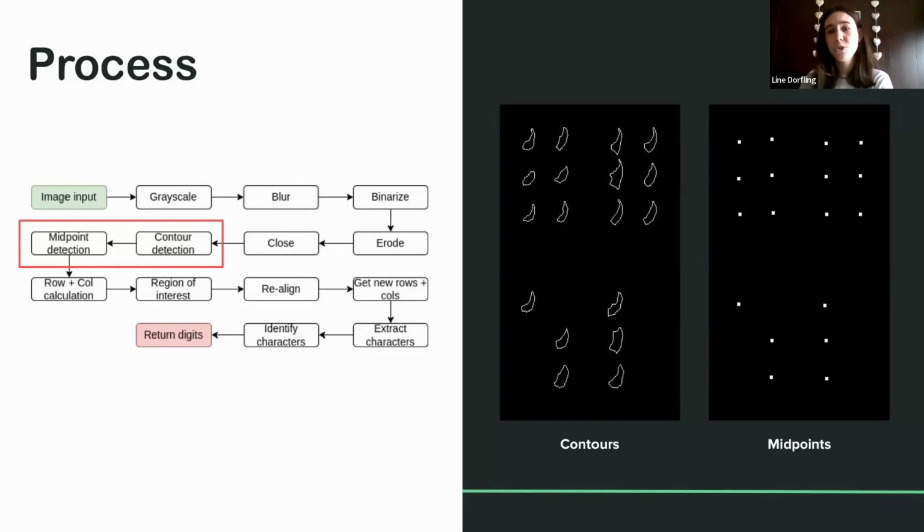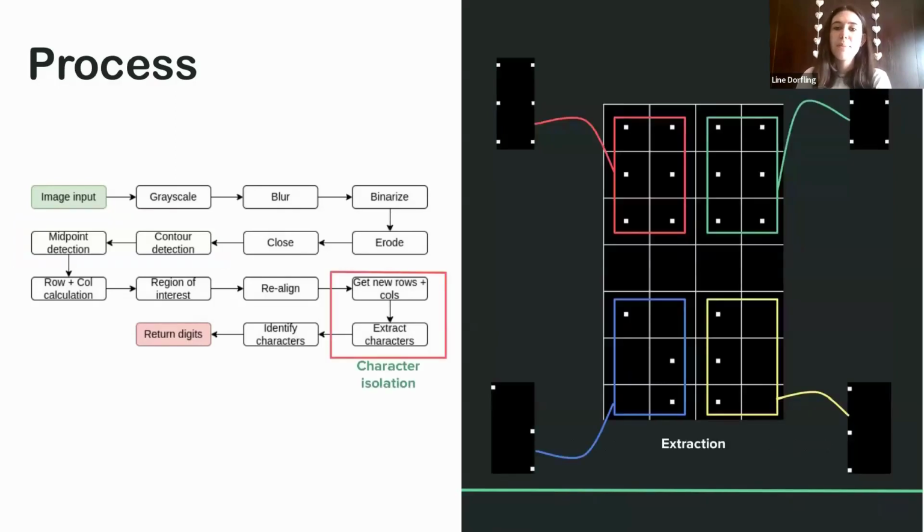The reason why we want to align them perfectly is so that we can more accurately determine where the character is supposed to start and end, and where the next character is supposed to start and end, so that we don't accidentally extract the wrong character or put certain dots from the next character into the first character. So here you can see an image of where the dots have all been realigned in their grid, and they can then nicely be extracted and translated.